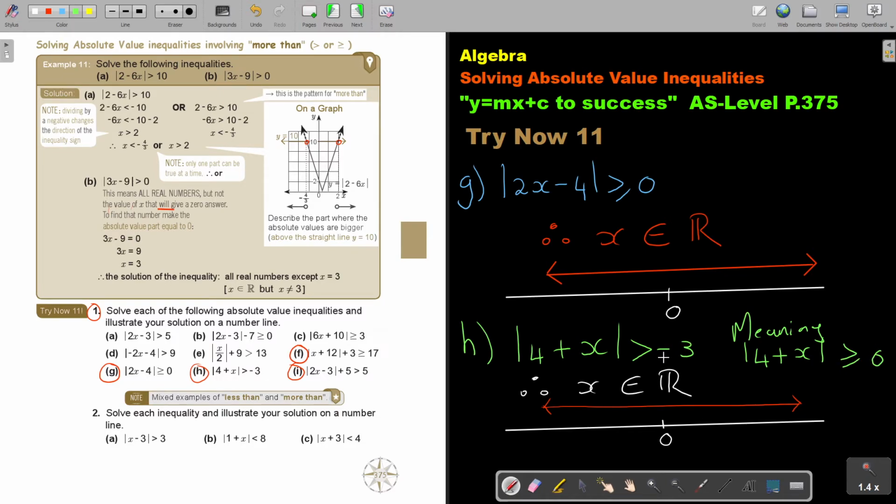So it's not negative 3, not negative 2, not negative 1, if I'm just thinking of the integers. But this is actually meaning that, and that is why the answers will be exactly the same.